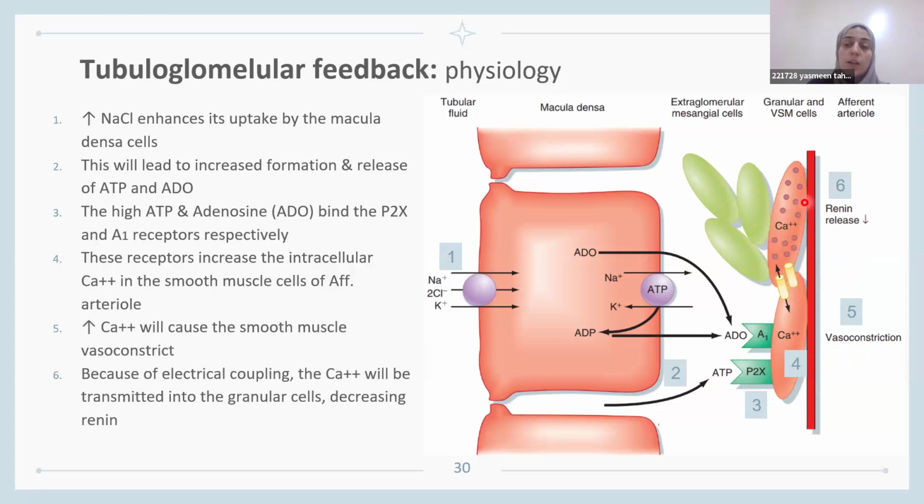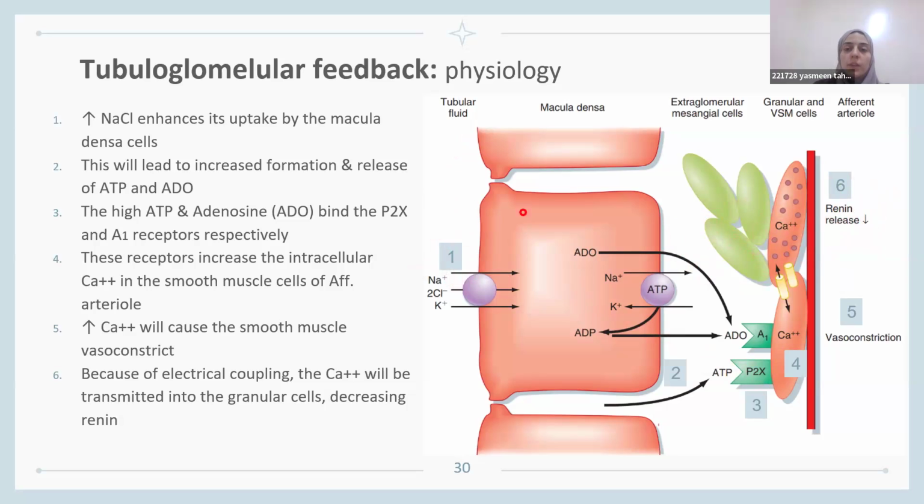These granular cells, when they have higher intracellular calcium, we will have decreased renin release. And this decreased renin release, again, is going to cause a decrease in the filtration and a decrease in the blood flow. So this is a sequence of events when we have higher sodium chloride.